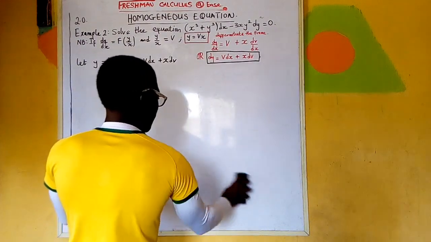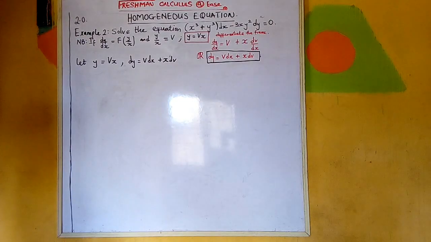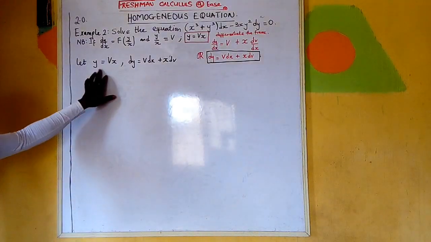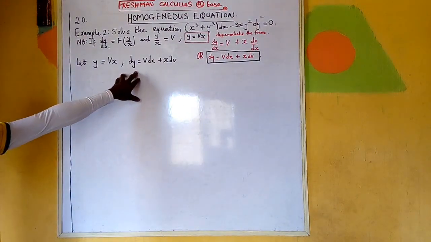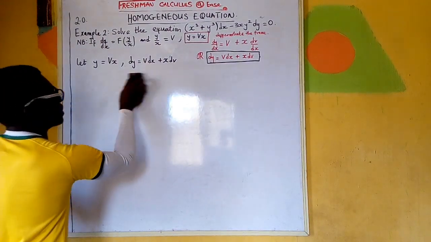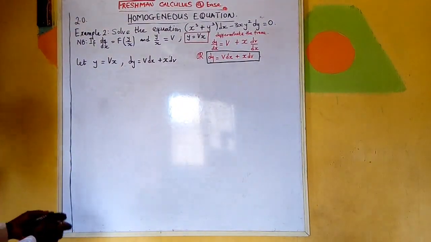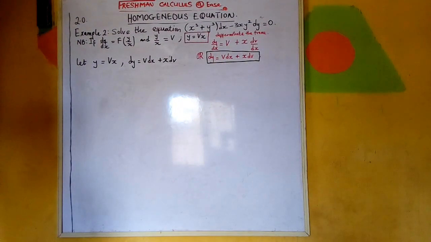So for a new question on homogeneous equation, you put: let y be equal to vx, and dy is equal to v dx plus x dv. With this, I can now solve my homogeneous equation.